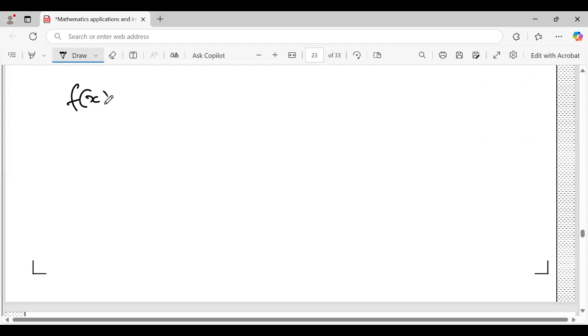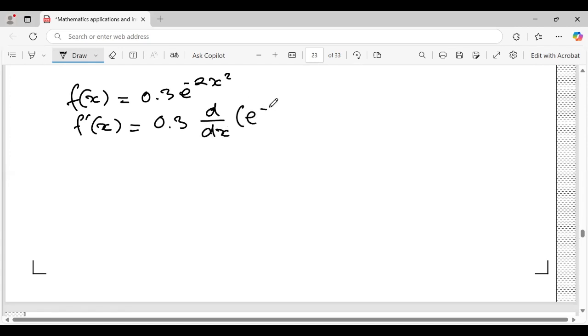Find an expression for the derivative of f(x). So f(x), or y, equals 0.3 e to the power minus 2x squared. The derivative equals 0.3 using the chain rule times d/dx of e to the power minus 2x squared.